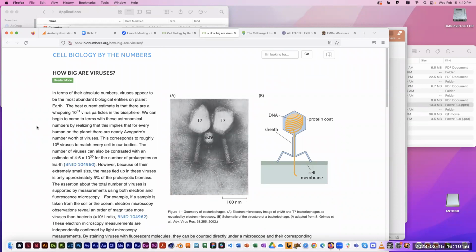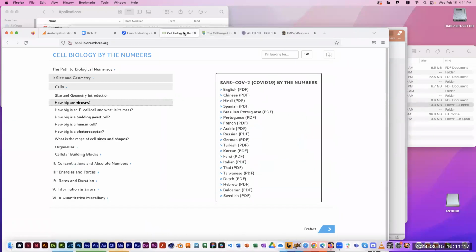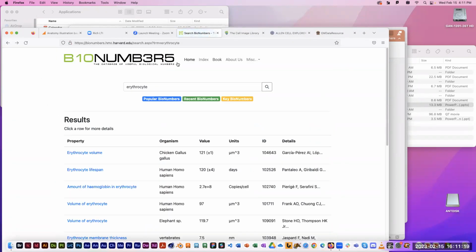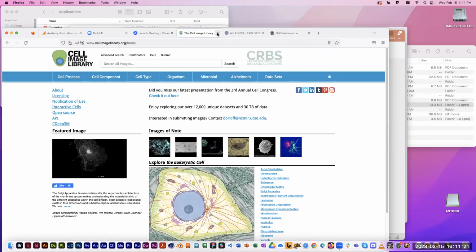I put an older version of this book. You can actually download the whole thing as a PDF, but I think the only one you can download is an older 2015 version. But I put a copy of that in my courses for you. I'd encourage you to download it and take a look at it because it's a great resource. Okay, but that's all I wanted to show you about this BioNumbers site.